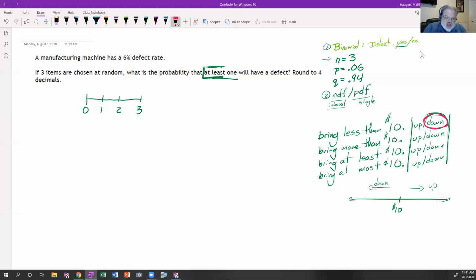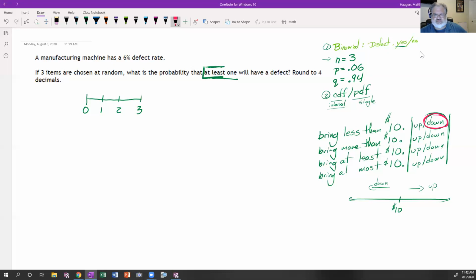Up here, at least 1, okay? Would 0 qualify? Would 1 qualify? Would 2 qualify? Would 3 qualify? Asking that can help you figure out which direction you have to go in. Bring more than $10. Is that up or down? Up. I heard 2 ups. And they sounded very declarative.